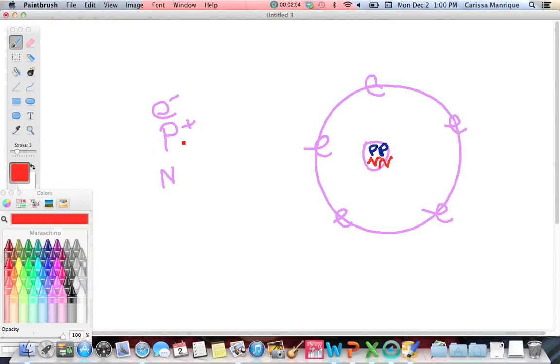Protons are in the center, and they have a positive charge, and neutrons are neutral, and they're also in the nucleus, in the center here. Most of the weight of the atom, 99.99999% of the weight of the atom, comes right here in the nucleus. So it's really the protons and the neutrons that make up the weight or the mass of it. And the electrons are almost 0.